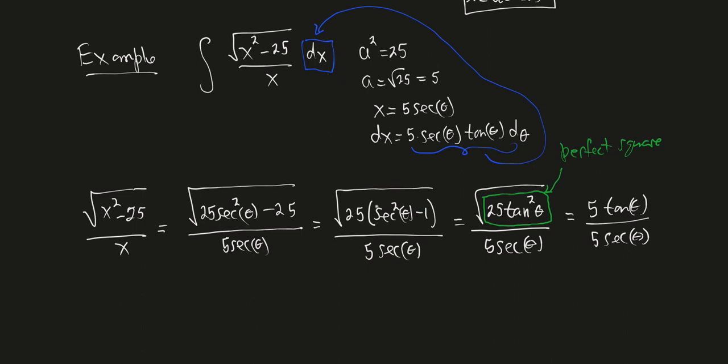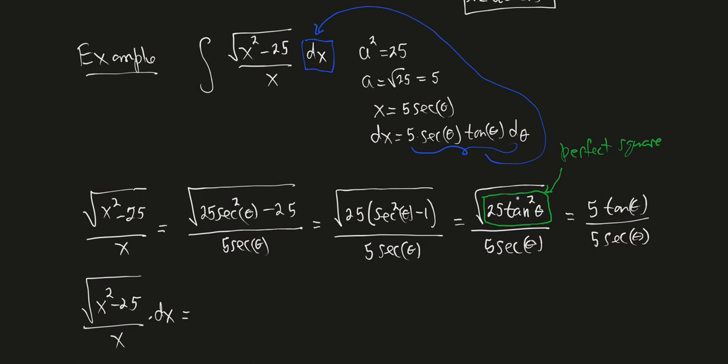The big thing that I wanted to accomplish with this step here is to get rid of the radical, which we did, right? So no square roots here. But we still have to keep in mind what's going to happen with this dx. So now let's write another line. So we have this over x now times dx, all right? Well, look at what we have. We have the integrand in terms of theta. We have the differential in terms of theta and d theta.